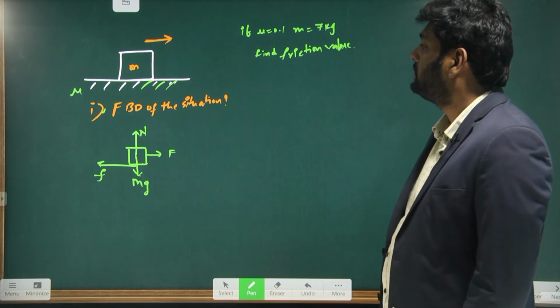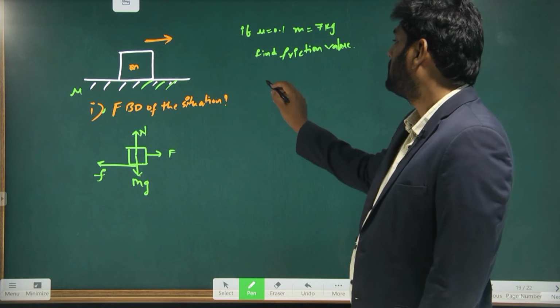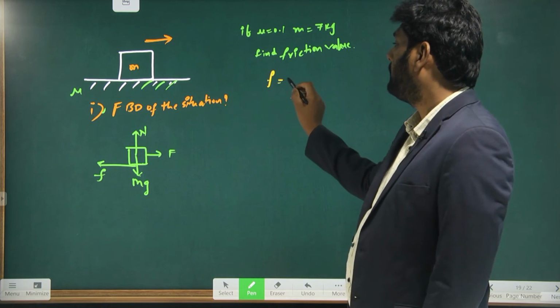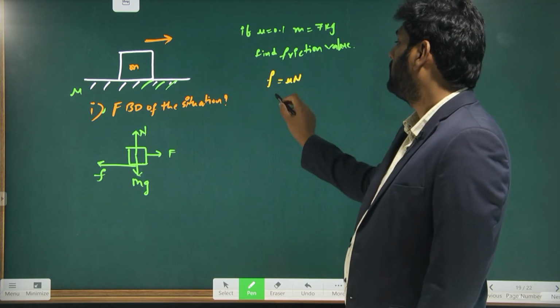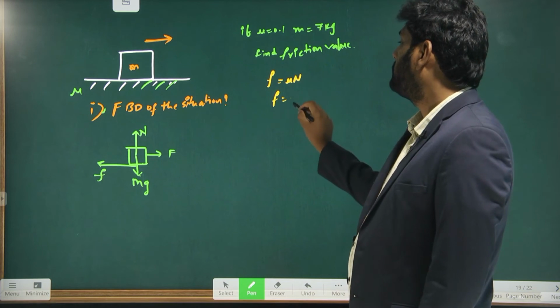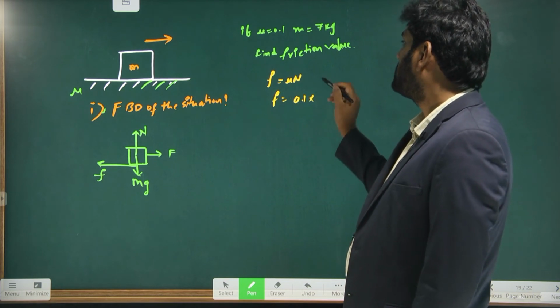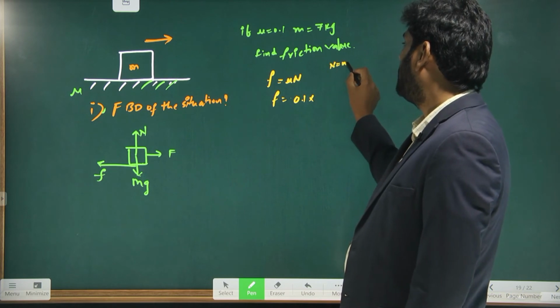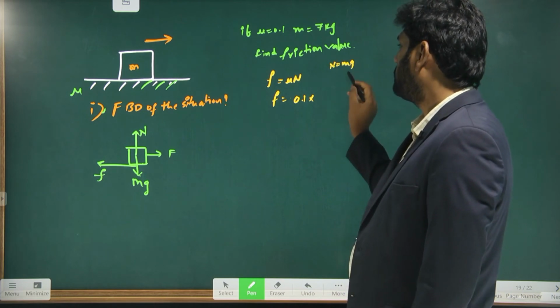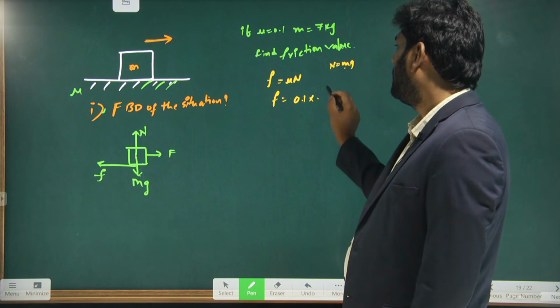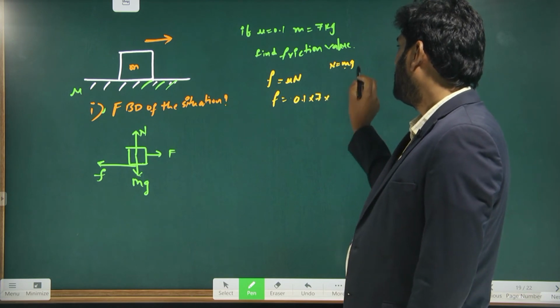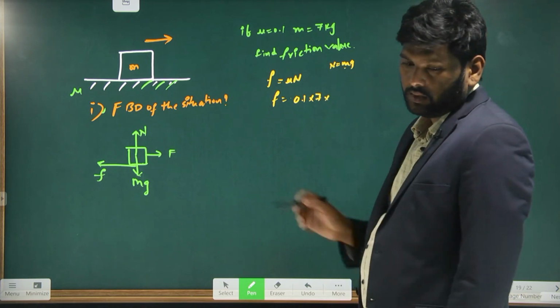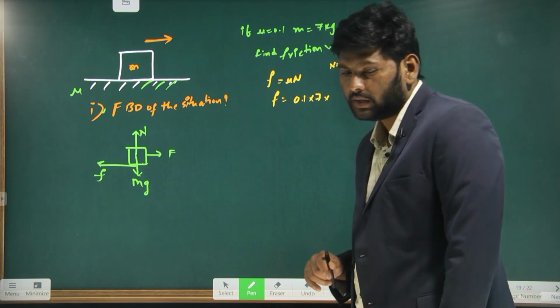To find the friction value, we have to use the formula for friction, mu into N. What is the mu value? 0.1. What is the N value? We can use N is equal to mg. The mass is already mentioned, that is 7, and what is the g value on the earth surface?